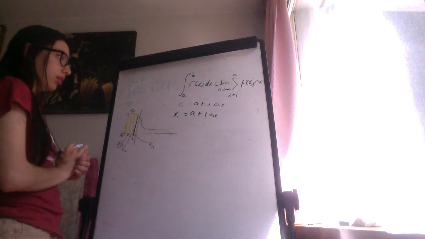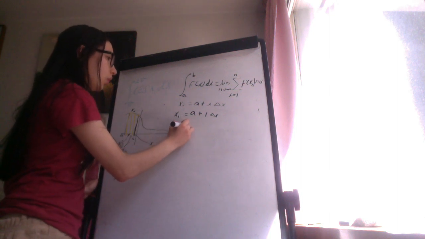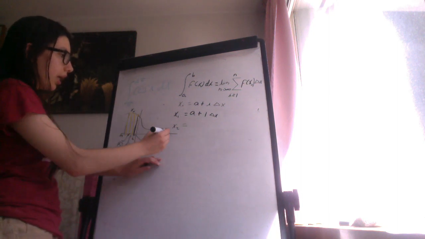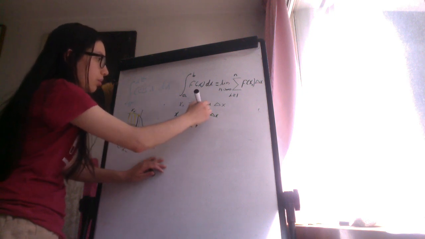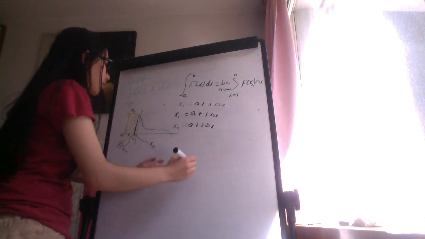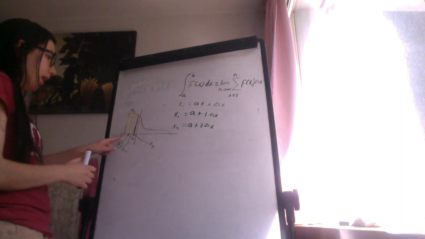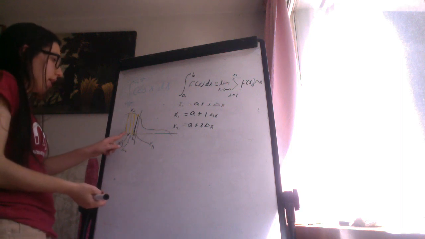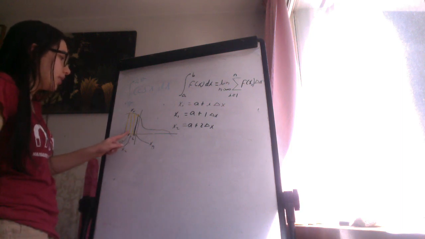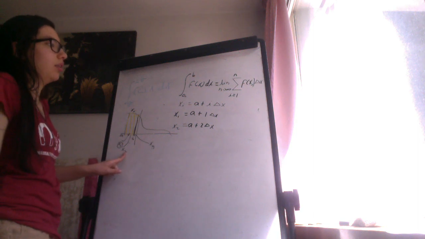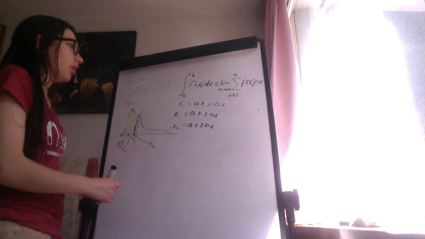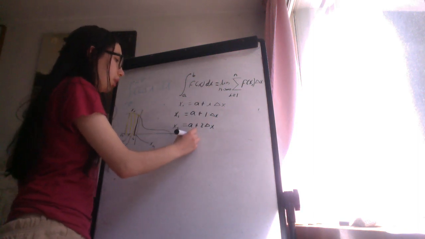Next, x sub 2 will be a plus 2 delta x. That is because a plus 1 delta x is this one, plus another delta x is this one, and this is x sub 2.